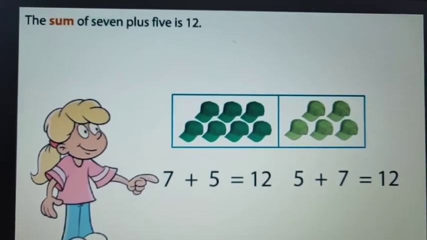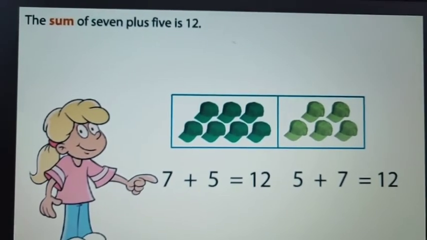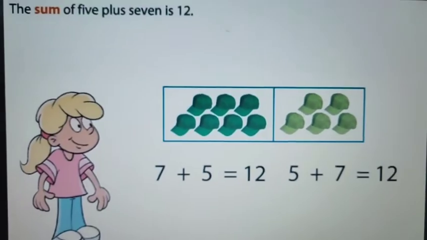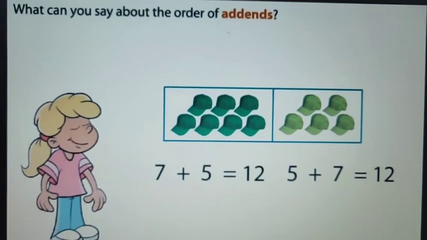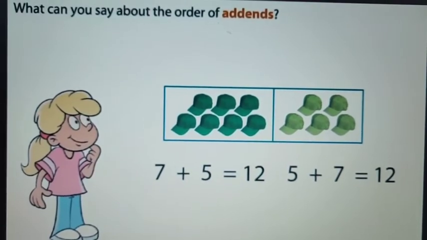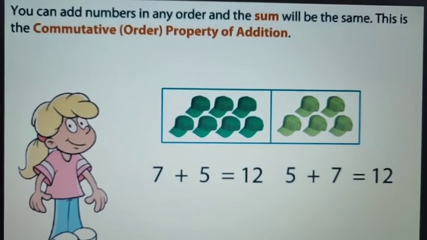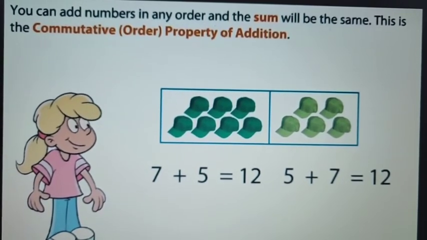The sum of 7 plus 5 is 12. The sum of 5 plus 7 is 12. What can you say about the order of addends? You can add numbers in any order and the sum will be the same. This is the commutative order property of addition.